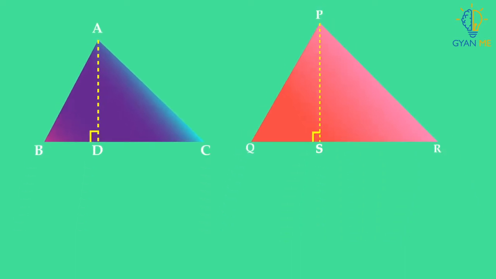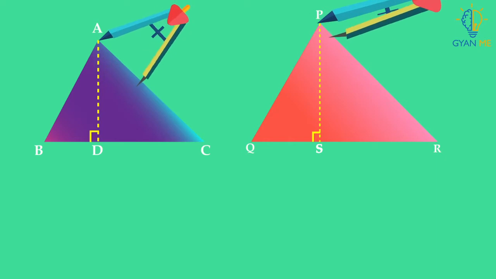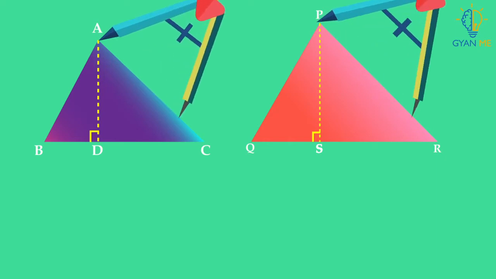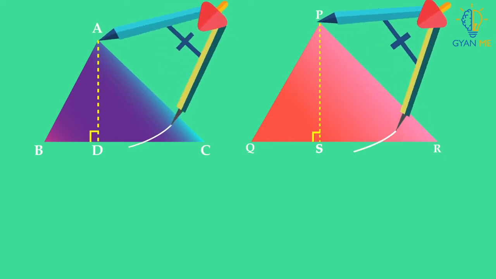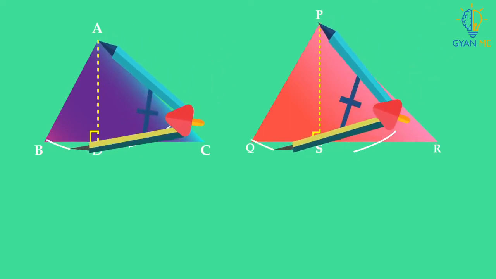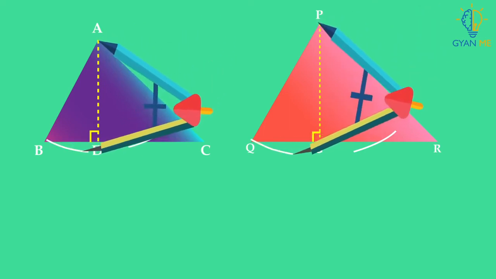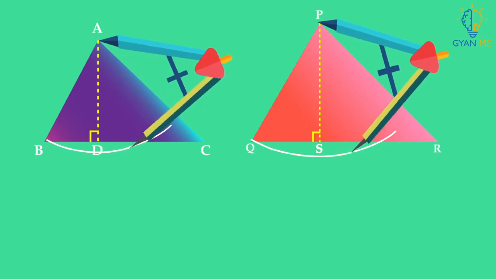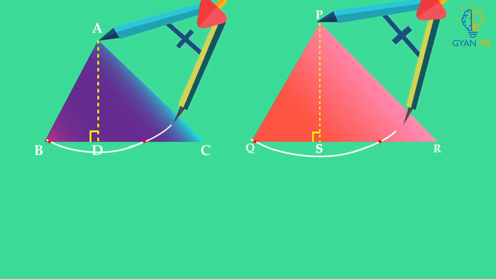To draw AD and PS, take a compass and draw arcs on side BC and QR respectively. Observe that these arcs cut both the sides in two distinct points.